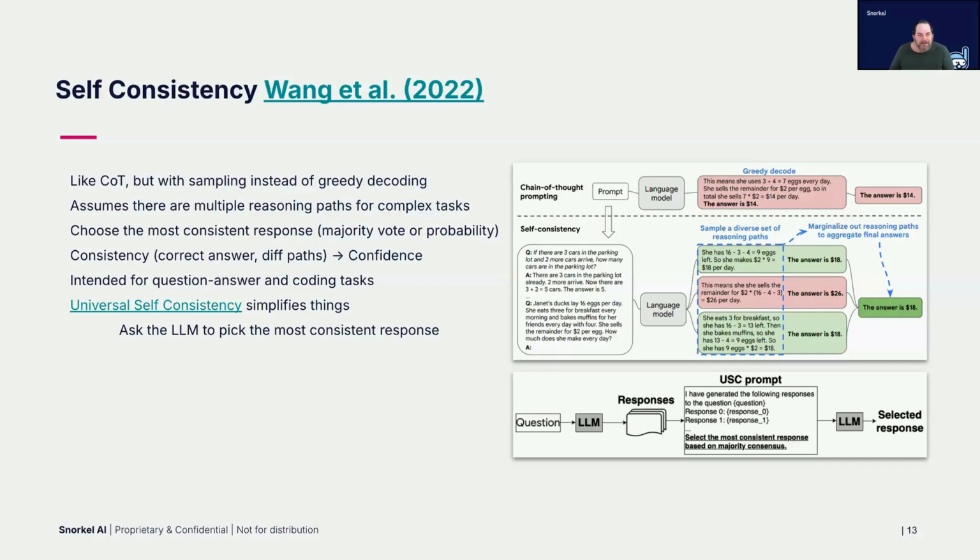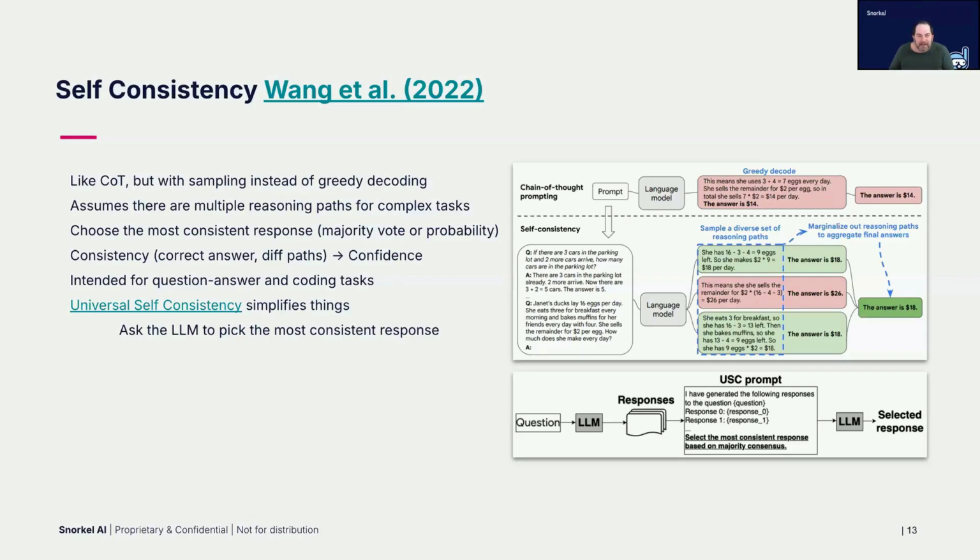But the idea behind this is the consistency is going to give us higher confidence. So if we have 5 reasoning paths and 4 of them come to the same answer, but maybe they use different approaches to it, we're more confident in that answer, right? The more ways to solve it and come to the same conclusion, we assume that is the right way.